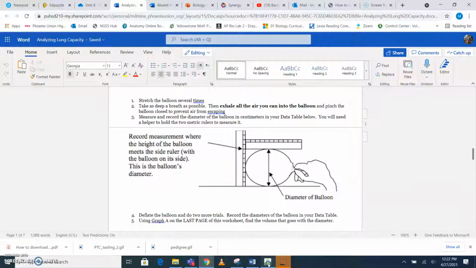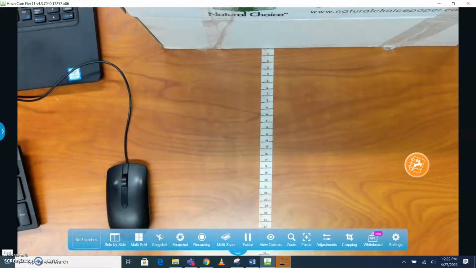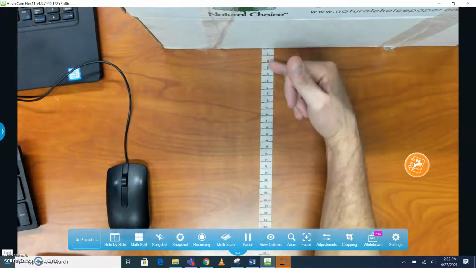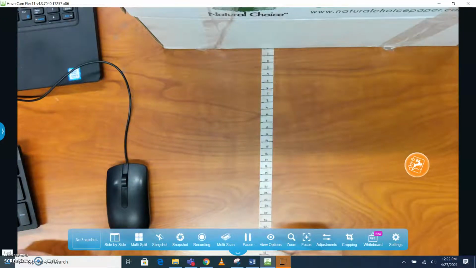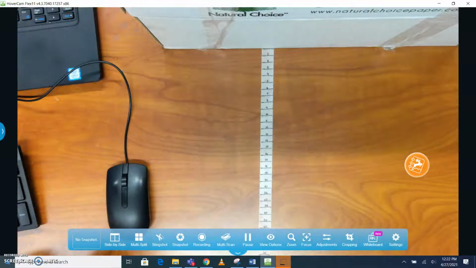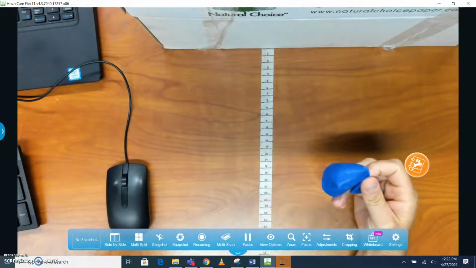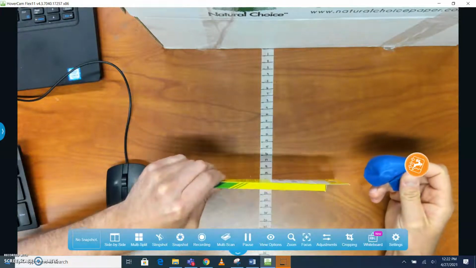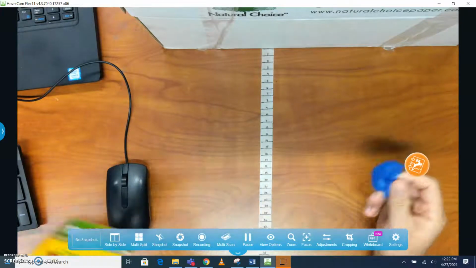So let's switch over to my apparatus. I have marked out a scale here in centimeters, starting at 0 right up against this board, and I'm going to hold my balloon up to it. I can use a straight edge to measure the size of that balloon in centimeters.